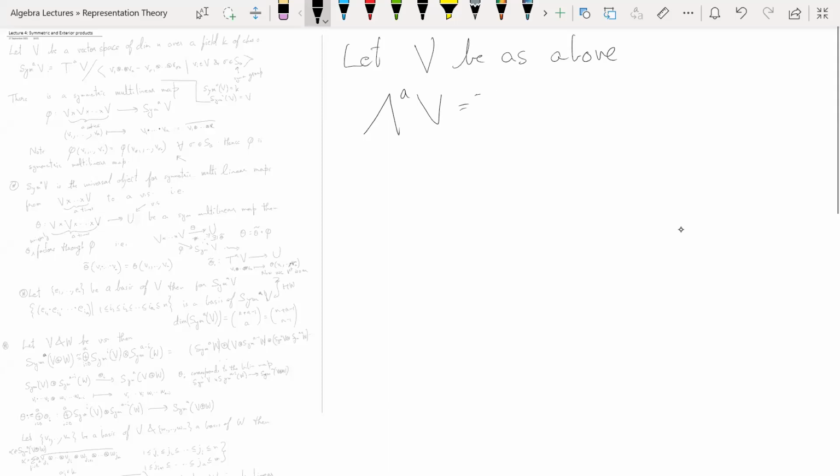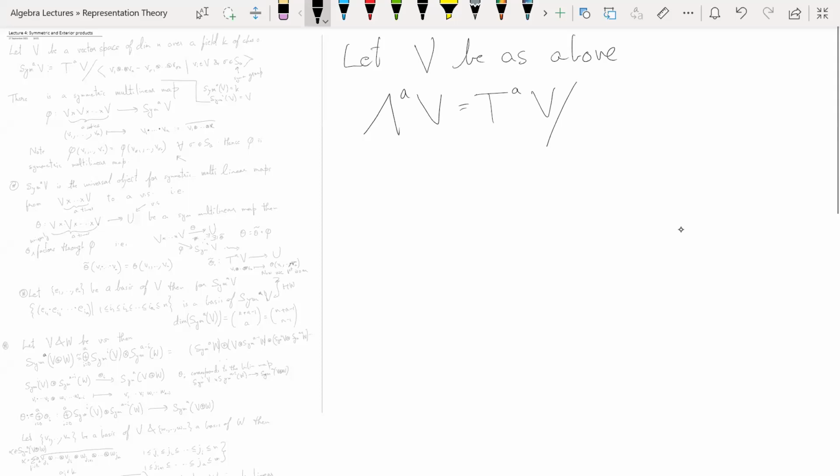So maybe first using the quotient of tensor powers. This time it should be universal towards not symmetric multilinear maps, but anti-symmetric multilinear maps.